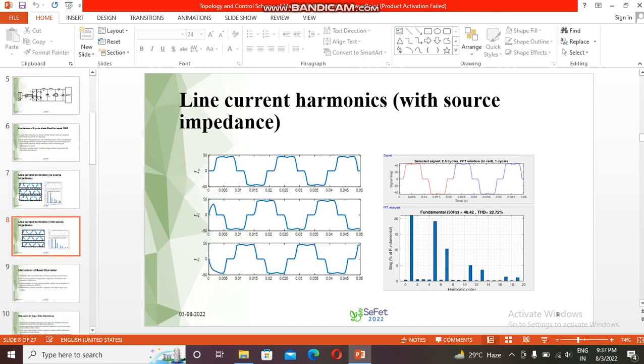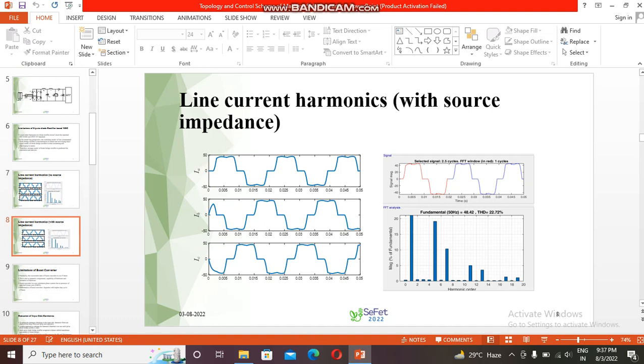With a source impedance, there is a slight change in the line current and the line THD is around 22%, which is still on the higher side. Because it's a 6 pulse diode rectifier, we are getting 5th order harmonics as well as 7th order harmonics, following the formula np plus minus 1.